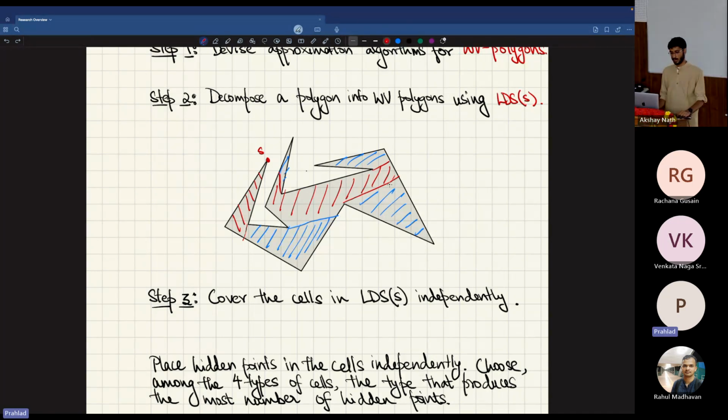So each of these are weakly visible. One more thing that we know, and this is not something I'm going to prove, is that if you take any convex polygon, it can straddle only three pieces here. The proof is not very hard, but for lack of time, I'm going to skip it.